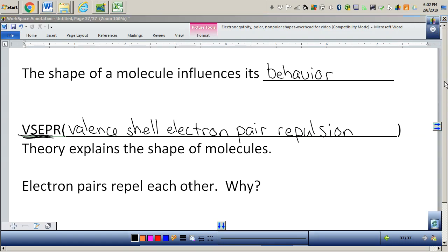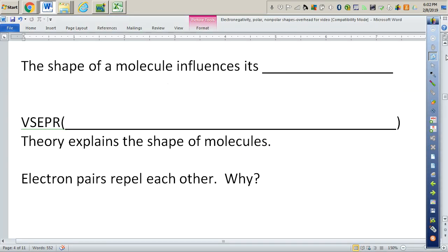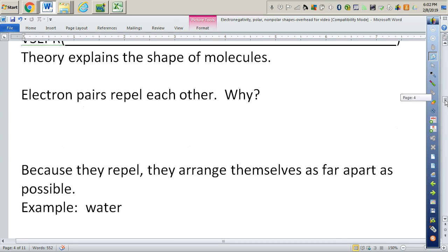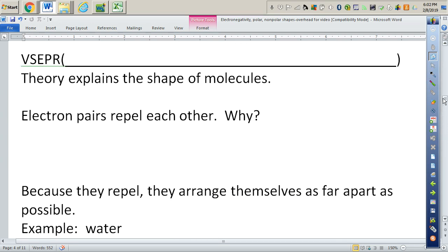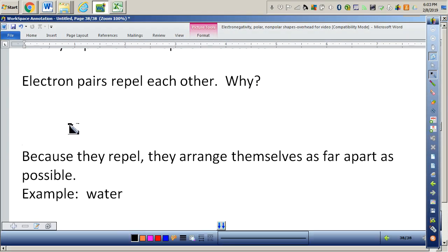What is it about these electron pairs that causes them to repel? Okay, so why do electron pairs repel? They repel because they're all negative, and like charges repel.